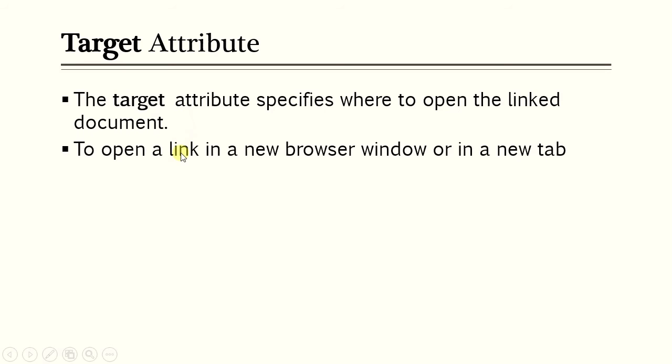The target attribute specifies where to open the linked document. Suppose you want to open a link in a new browser window or in a new tab. Consider the following example.